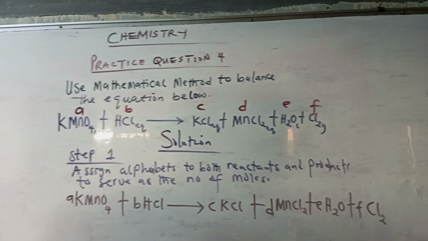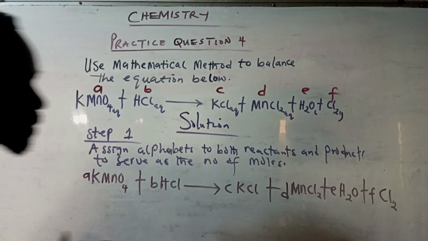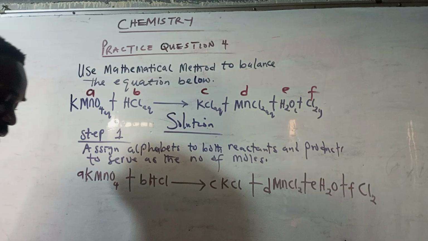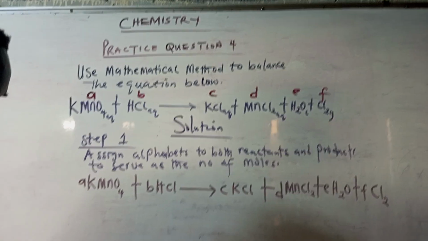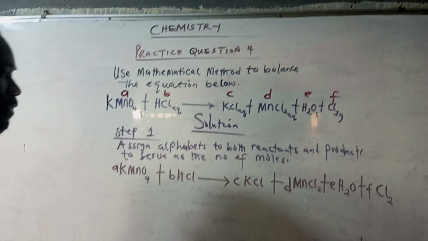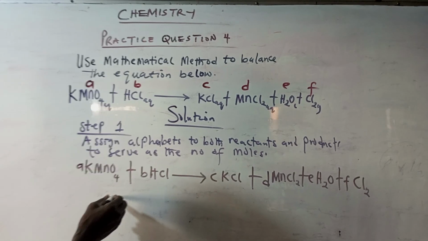This is what you have now. If you take a look at it, all the alphabets represent the number of moles of both the reactants and the products. Next, we now bring down the atoms reacting in the entire reaction.